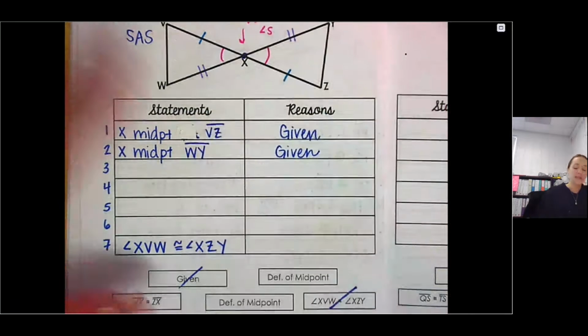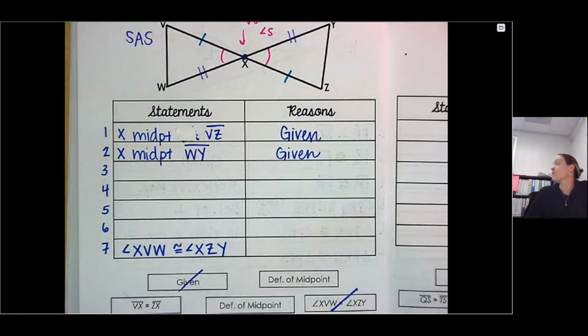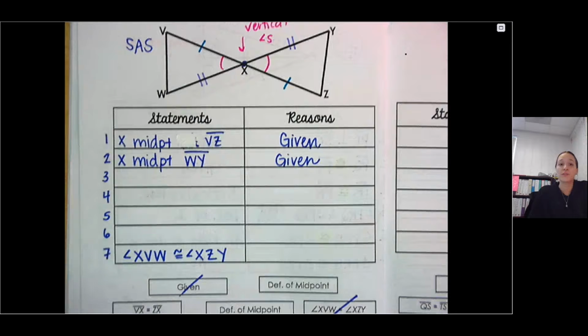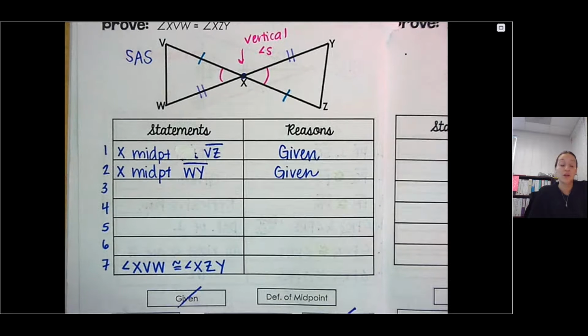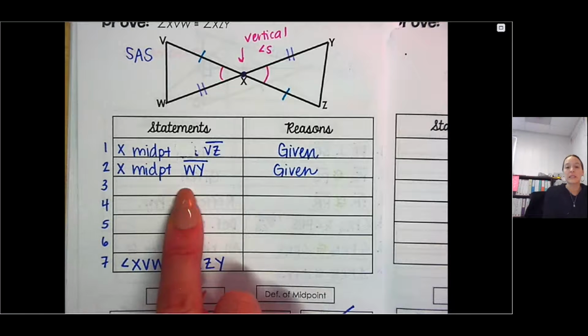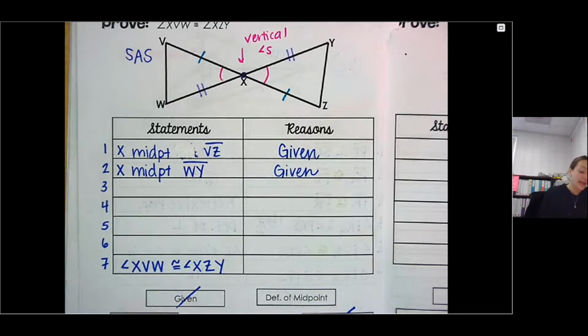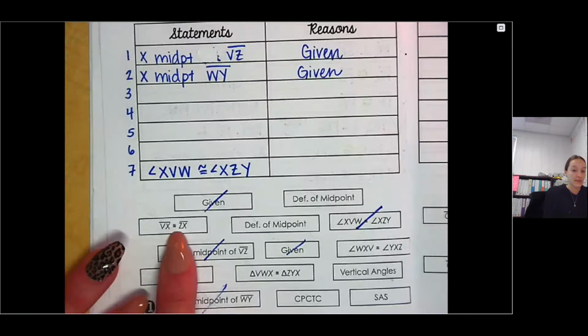So who can give me a sentence and a reason for this picture that's left over? Vertical angles, so that's the reason. Now the question is, what's the sentence? Well, these are side lengths.